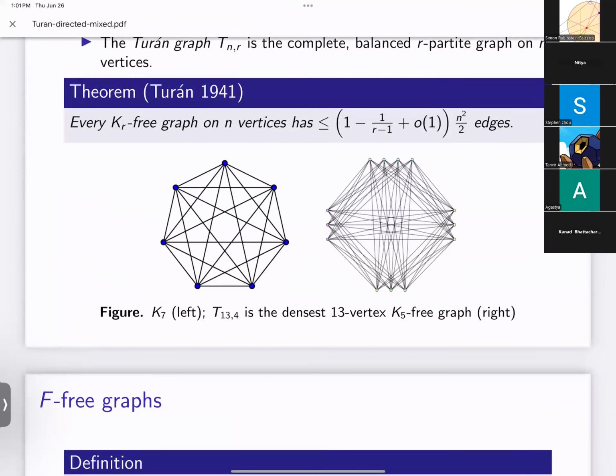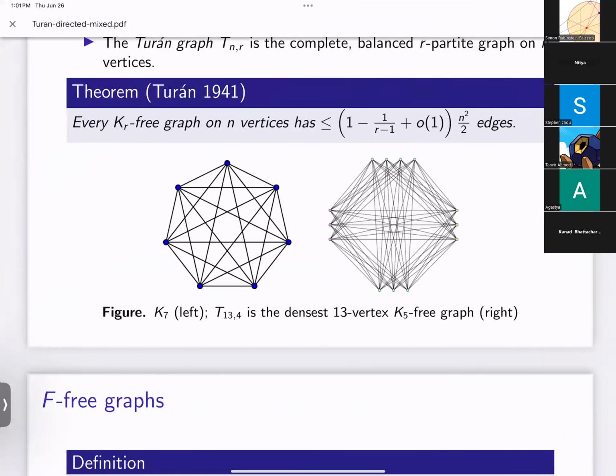So here on the right, we have T of 13, 4. What do these two numbers mean? 13 means that the whole graph has 13 vertices. 4 means I'm going to divide it up into 4 parts equally and connect all the pairs of vertices in different parts. Do those two parameters make sense? Yeah. All right.